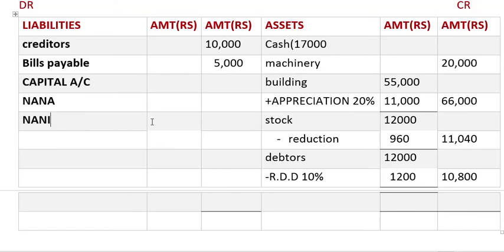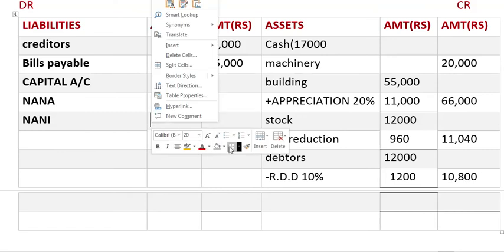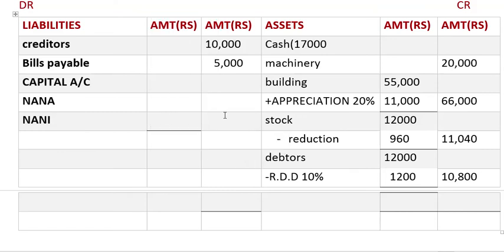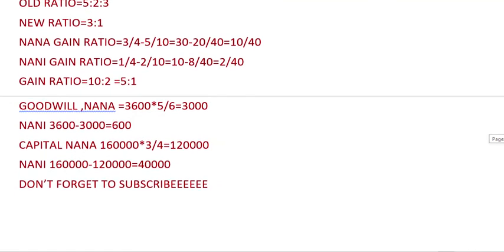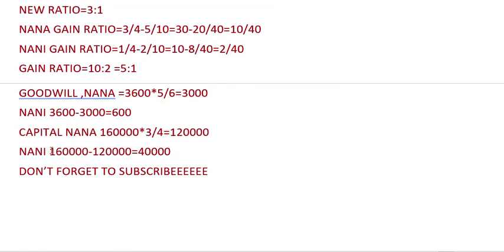And in the outer column it should come 1,60,000, they have said. So we'll have to distribute it in the new ratio. Here I have calculated 1,60,000 for Nana and Nani.